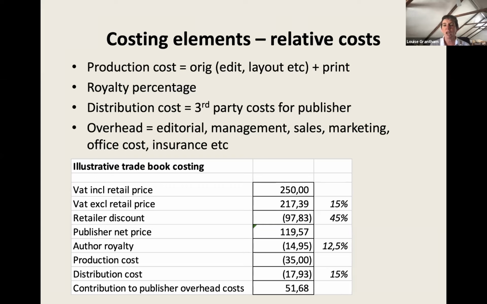There are also in trade publishing quite often stepped royalties, where you may say, because of how expensive it is to produce, we'll pay this royalty until perhaps the break-even point, which we said before, and then we will pay a higher royalty when we've covered those production costs. Or we'll pay one royalty up to 5,000 copies sold, and if it becomes a bestseller and we go over that, we'll step the royalty up.